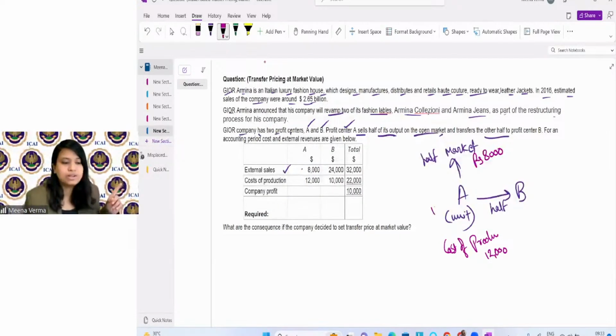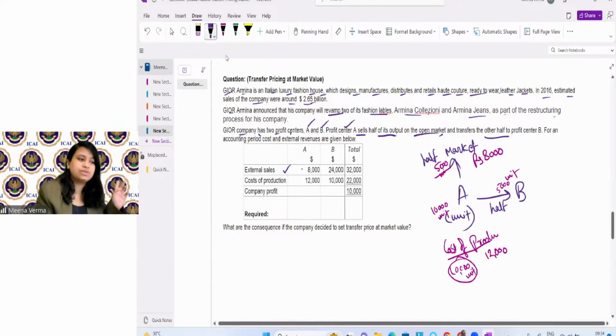So for example, they are producing 10,000 units. 5,000 units they are selling outside, and 5,000 they will transfer here. Now the point is that this total cost is for the entire 10,000 units, right?